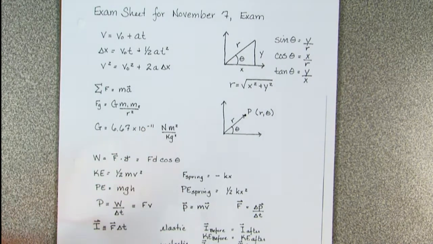You have your kinematics equations at the top. You've got your Newton's laws in there. You have your coordinate systems and how you can get your vectors. You've got G.